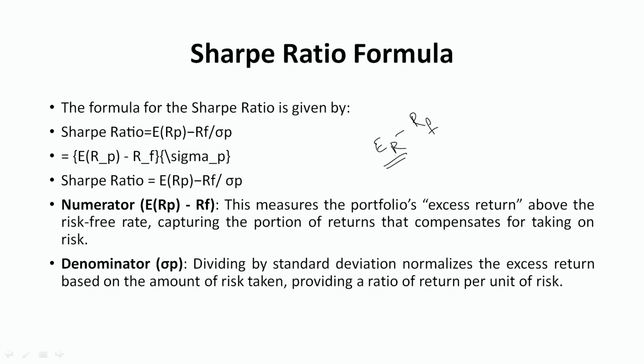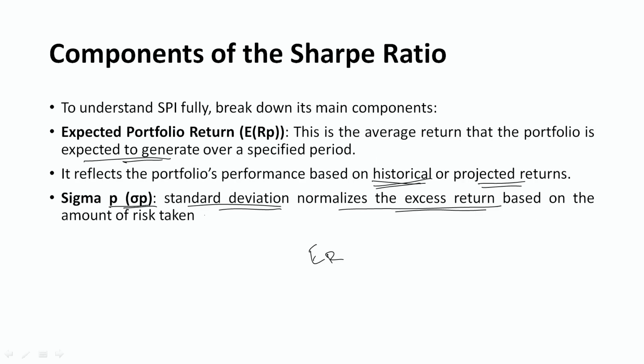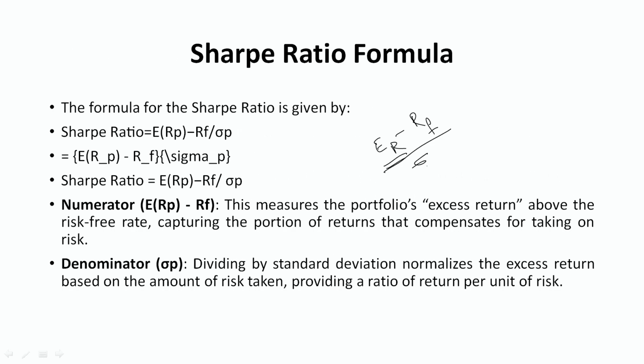I have already told this is the expected return of the portfolio over and above the risk free rate of return in comparison with the sigma. So, in the previous slide I told you what sigma is. Sigma is talking about the standard deviation. Why I am using it? In order to normalize the factors which is affecting the prices in the stock.